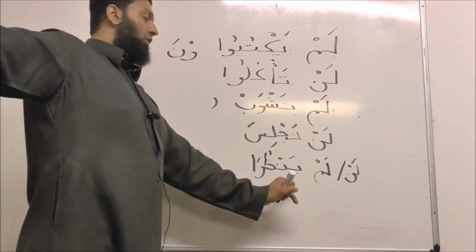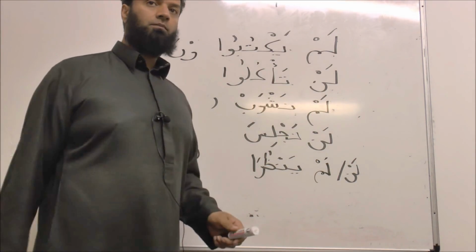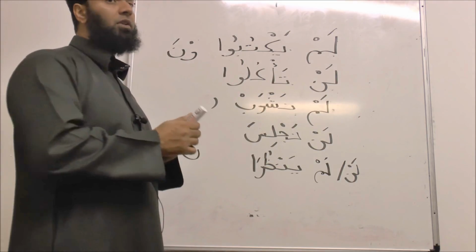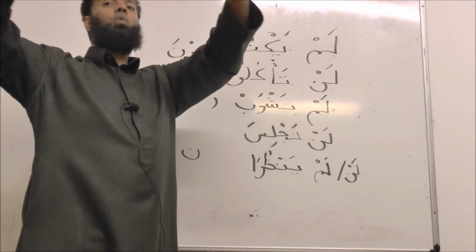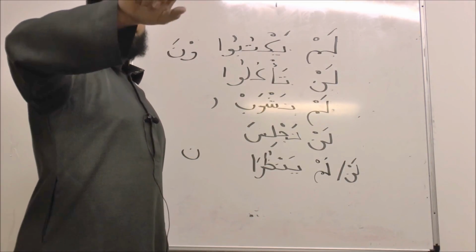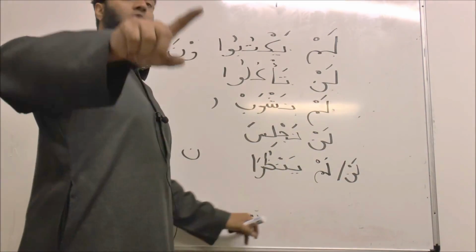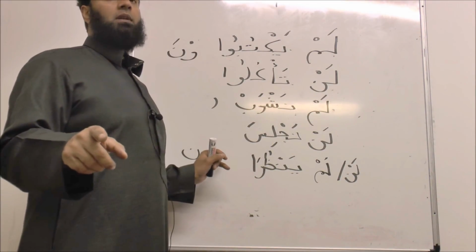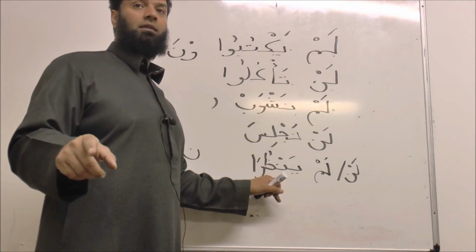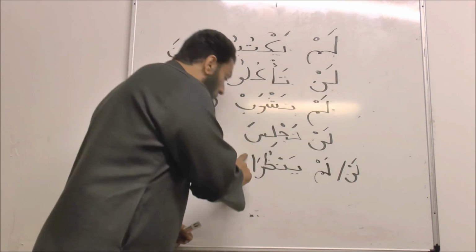Lam did not look. Lan will not look. You drop the noon, just like the other duals. You two male, tandurani are looking. Tandurani, whether you put lam or lan, you drop the noon. Tandura. So where it's a dual, you drop the noon.